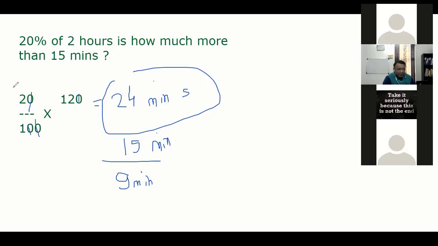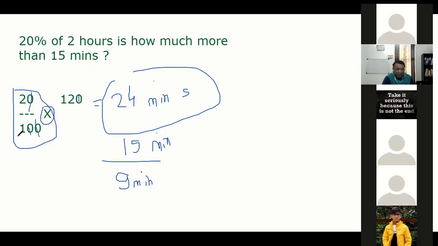Yes or no? Yeah. Of means what? Multiply. So 20% means 20 by 100, of means into. 2 hours means how much? 120 minutes. So 20 by 100 into 120.